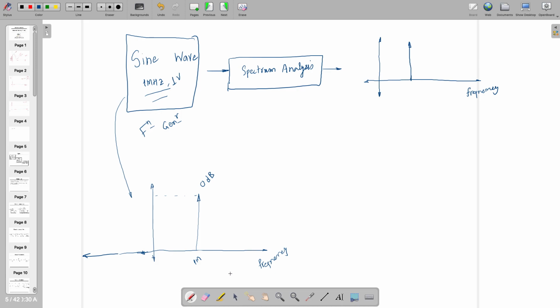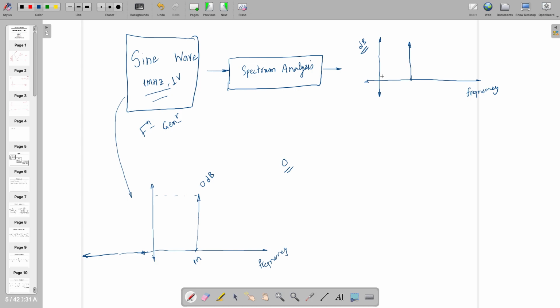So when you say that at 1 megahertz there is some impulse, and otherwise at other places it's 0, that is not the case, and 0 in dB scale is not available. So in a spectrum analyzer, it's in decibels, so 0 is not available anywhere.